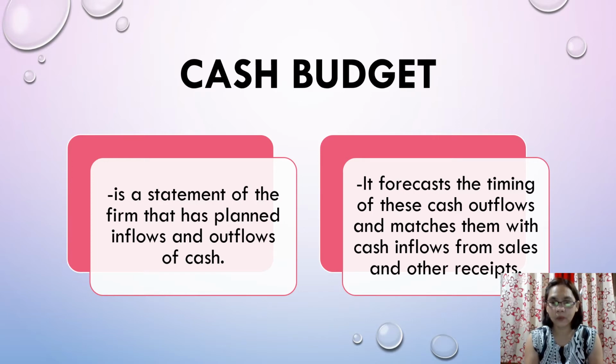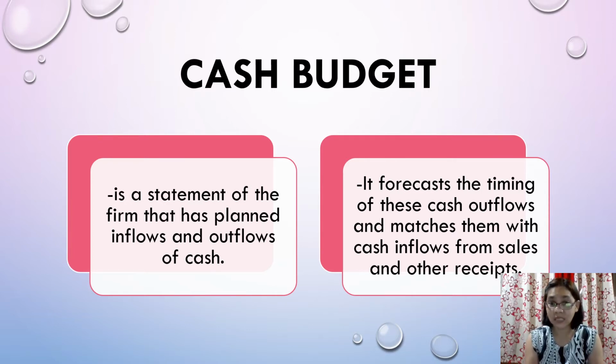Another example of budget is the cash budget. A cash budget is a statement of the firm's plan of inflows and outflows of cash. If there is a cash in a transaction, the cash account is increased. If there is a cash out in a transaction, the cash account is decreased.